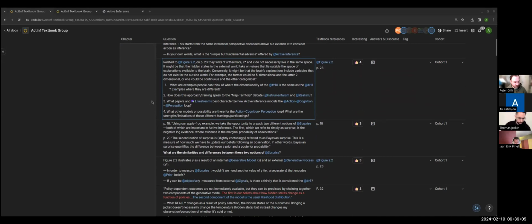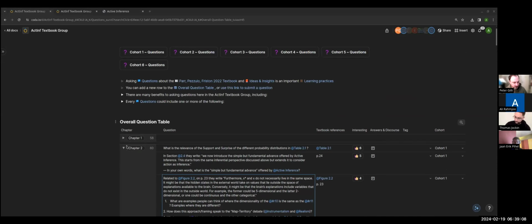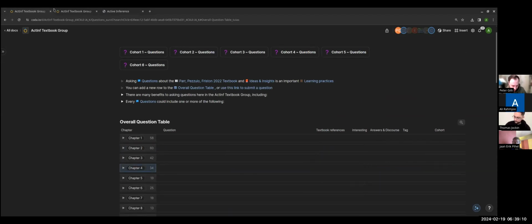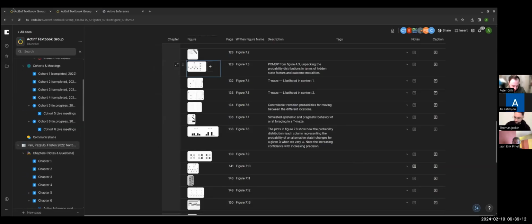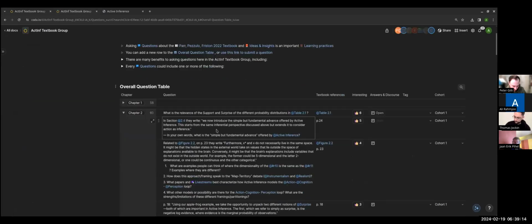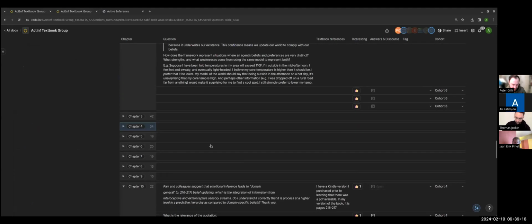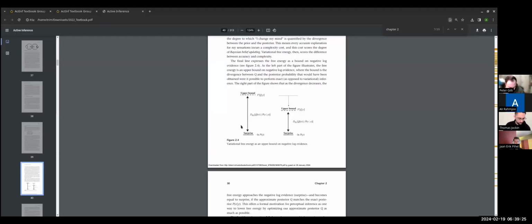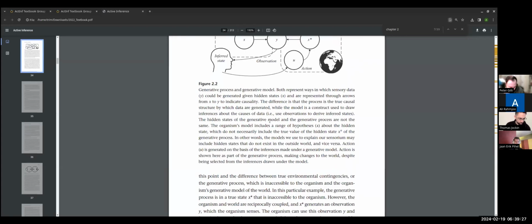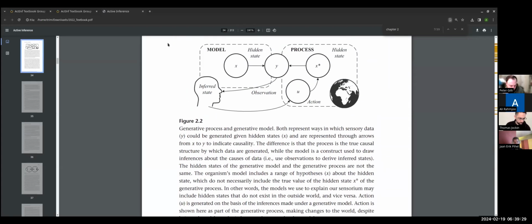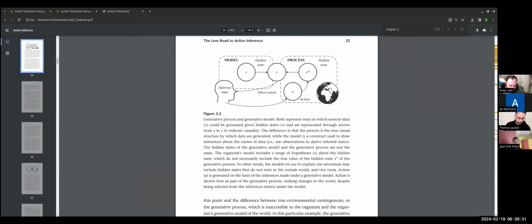Peter? Hi there. So I did have one question about the tripartite model that's shown on page 23. So there are two hidden states that are listed, one that corresponds to the world and one that corresponds to the agent's model.